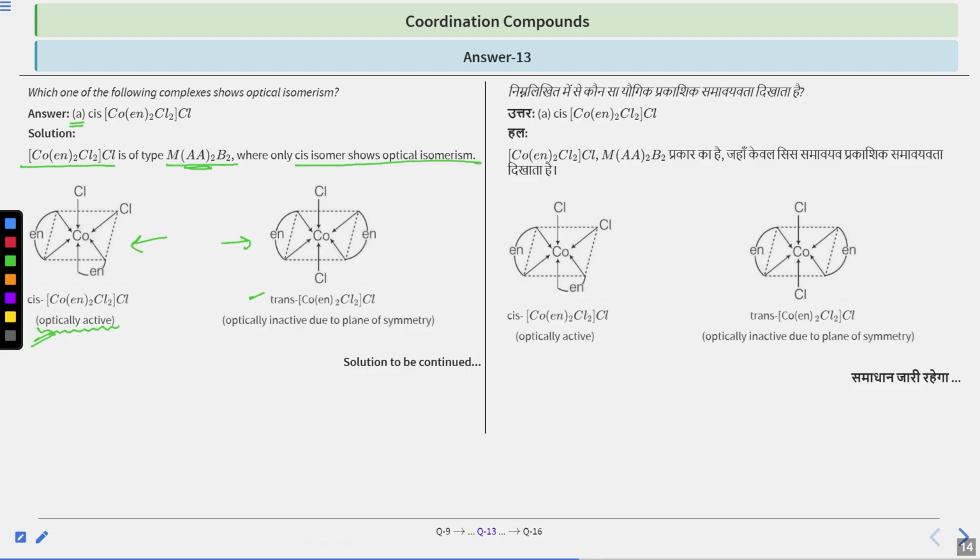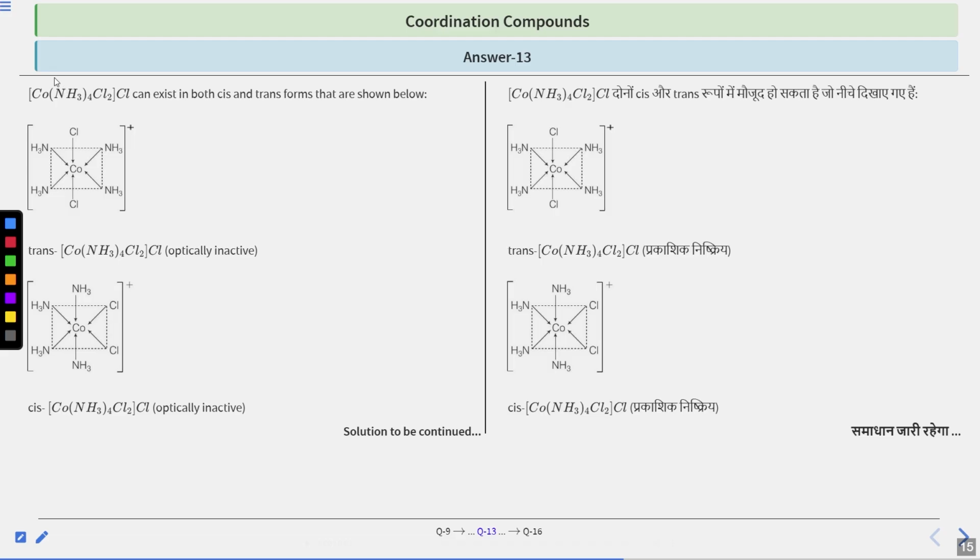The second one is the trans form, which is optically inactive due to the plane of symmetry. Due to the plane of symmetry, the second one is optically inactive, but the first one is optically active, as no plane of symmetry is present in the cis isomer of the given complex.